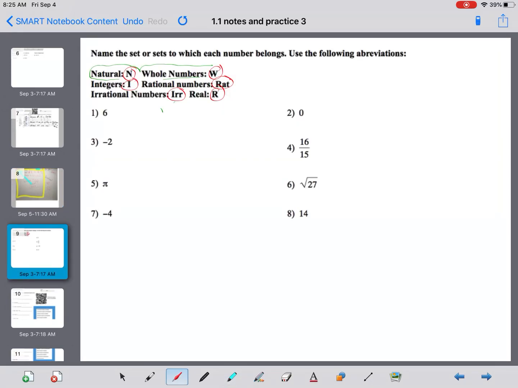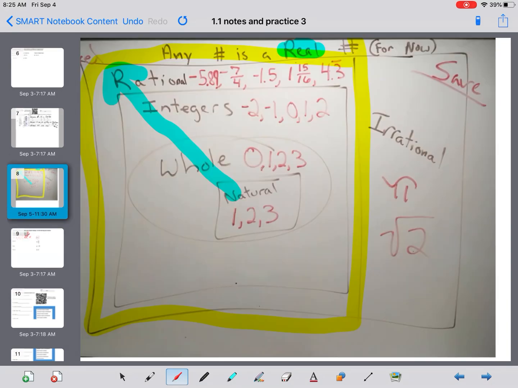So, again, it was a natural number or a counting number, which makes it also a whole number and an integer and a rational number. And all of these that I'm seeing on this screen are going to be real numbers. So all of them will get at least this R with it. The number 0, what's the smallest box that it fits in?